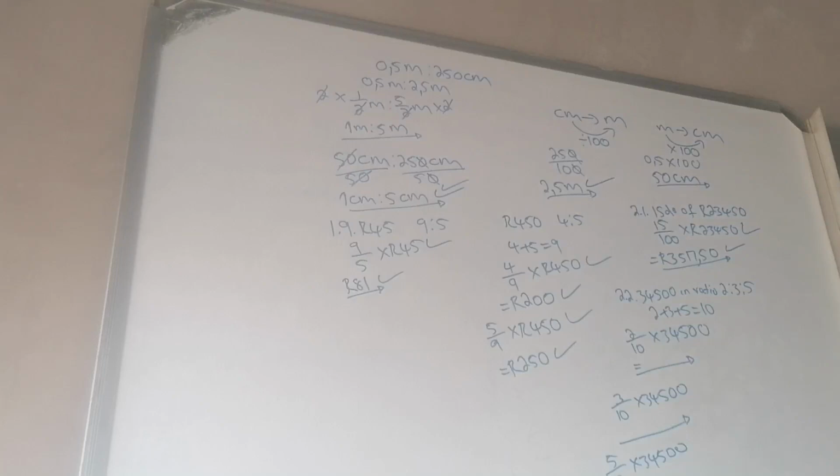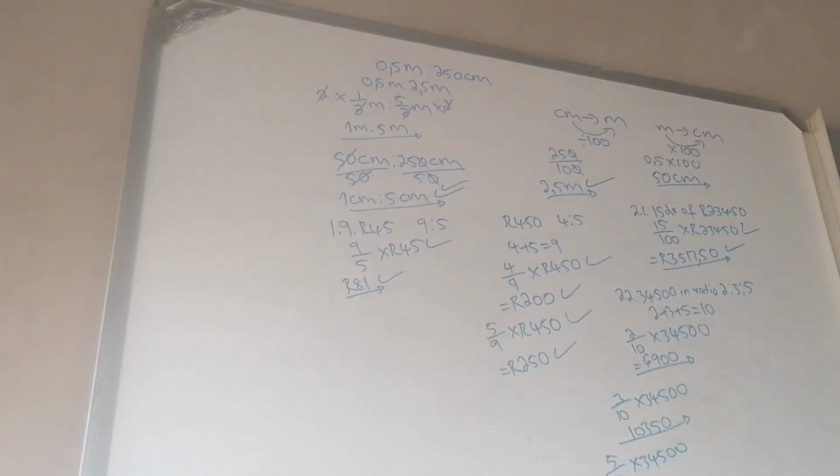We multiply by 34,500 and get 6,900. The second is 3 over 10, which gives 10,350.